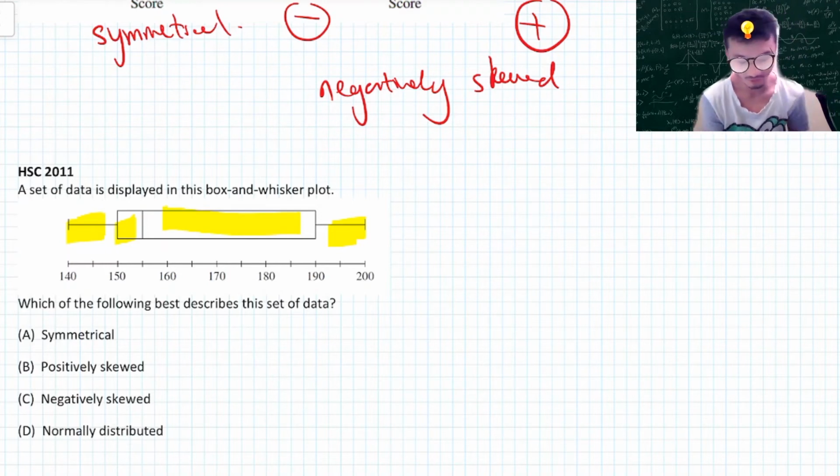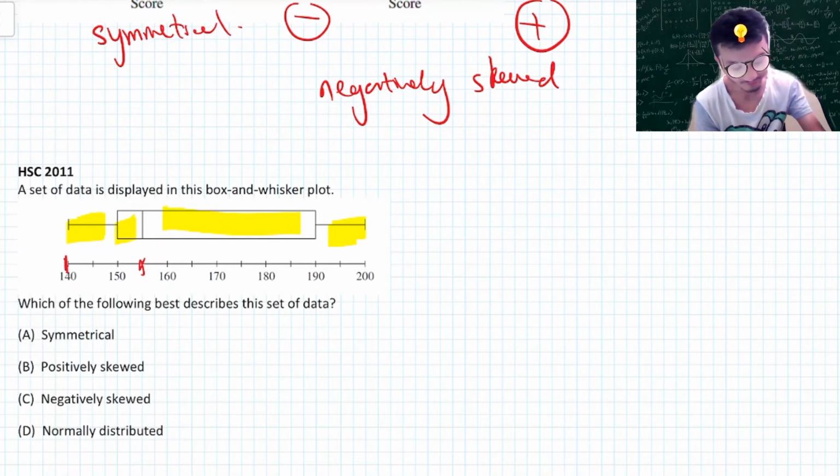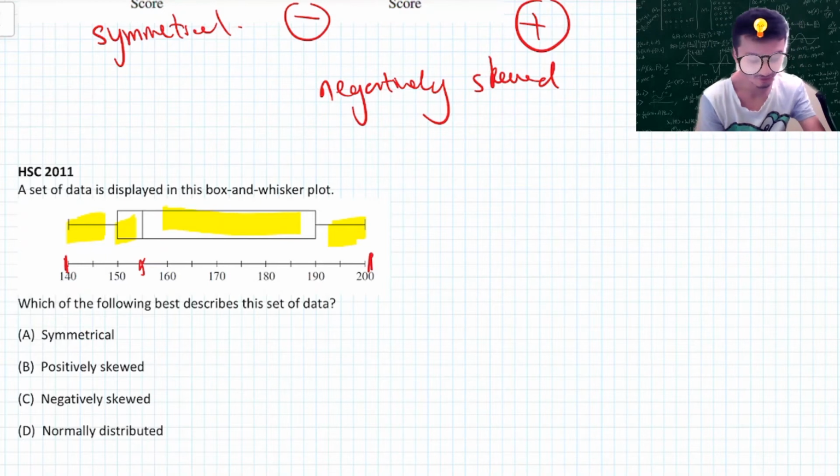So think about what this is going to look like if you drew the distribution, right? Because you've got 50% of the data between here and here, they're all going to be kind of squished in between. I don't know exactly where the peak is going to be, but since I know that half of the data set falls in between here, and the rest of the half falls between 155 and like 200, then I know that it makes sense if it looks something like this, right?